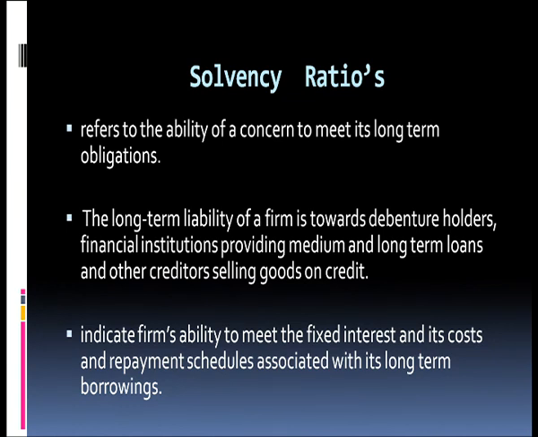It means we have to pay the firm's commitment, the firm's obligation to pay timely debt, and that means the interest and the principal on the debt taken by it. Therefore, it indicates a firm's ability to meet the fixed interest cost and repayment schedules associated with its long-term borrowings.